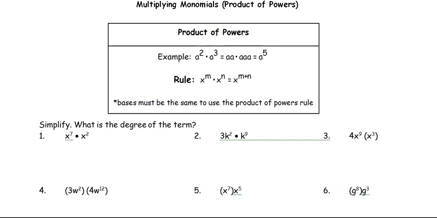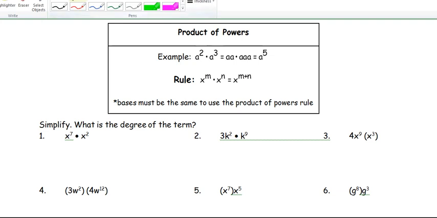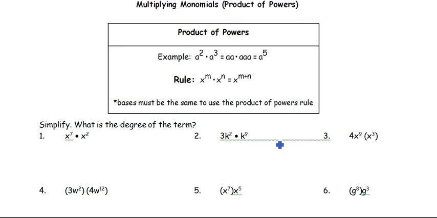And I'm going to show it to you in a couple of different ways so that you can get a good idea. So in this first example, a squared times a cubed equals a to the 5th. This is a squared times a cubed, and that's a to the 5th.